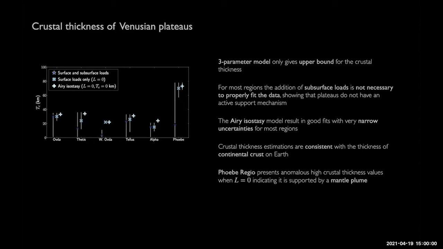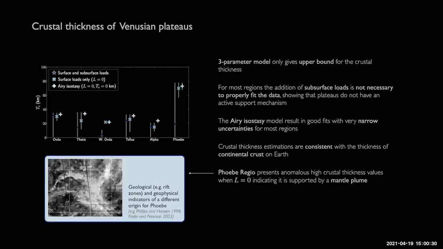The only different region that we have here is called Phoebe. In this case, when we do not add subsurface load, so this active support mechanism at the base, we have much higher crustal thickness values that we think are not quite correct, it's too high, and we think that this indicates that Phoebe actually still has an active support component to its topography.